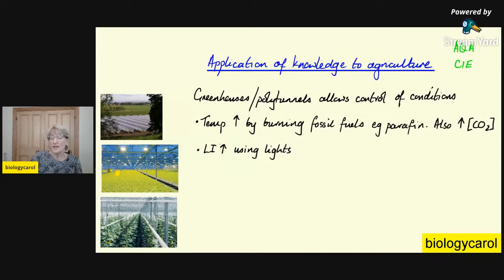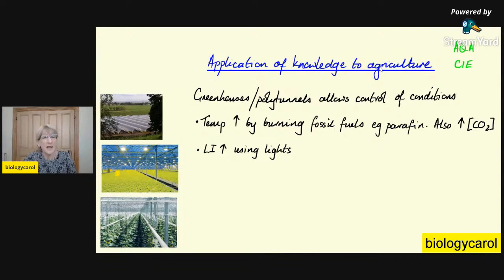So you can, in a polytunnel and in greenhouses, increase the light intensity, and that's by switching lights on or having lights on for a longer period during the day. But again, notice that from the graphs that we've talked about previously, you only want to increase the light intensity up to a certain amount.